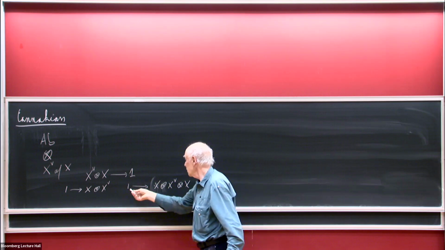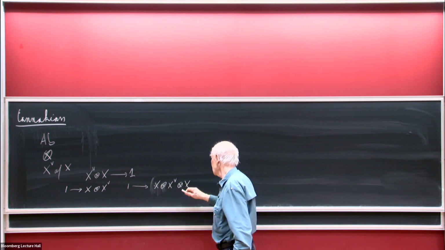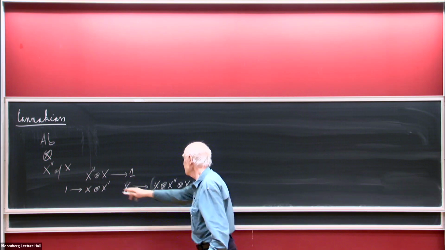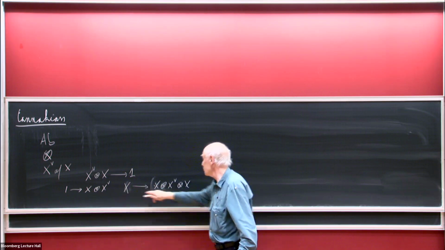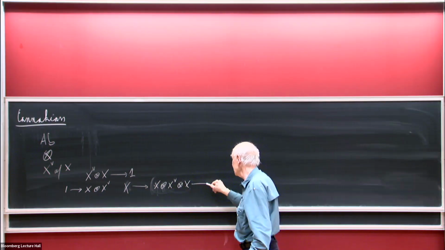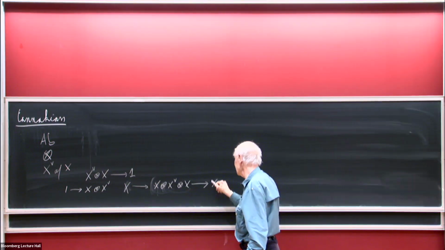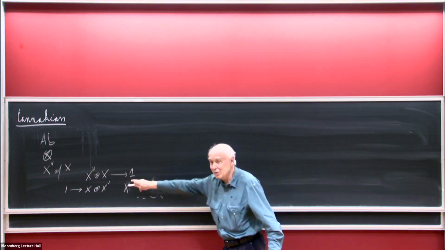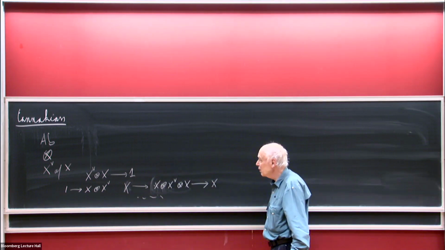X is one tensor X, one you map here, and now you use the evaluation, and this would be the identity, and something similar where you start with X dual.